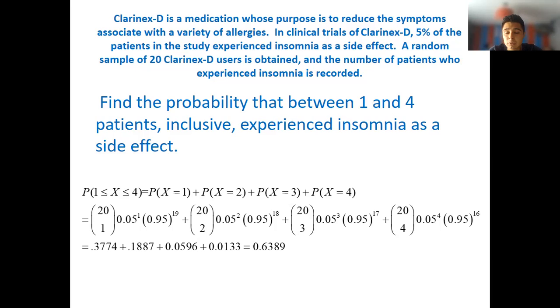That could be better if we do it in a table, and then we sum each probability from 1 until we reach 4, as we can see here. And this sum will give us the probability that in this interval the people experience insomnia.